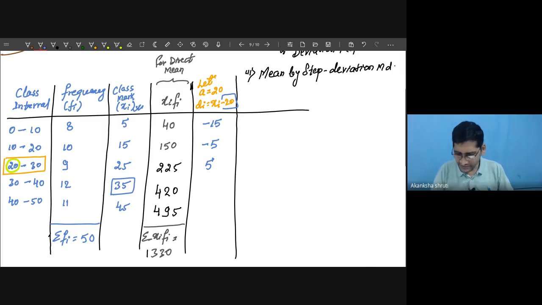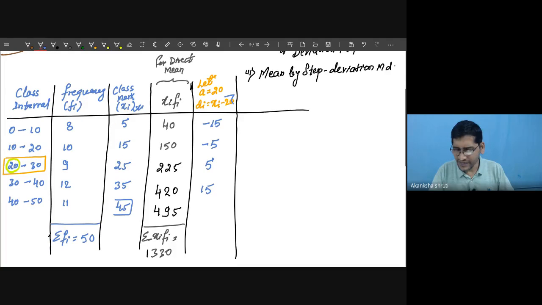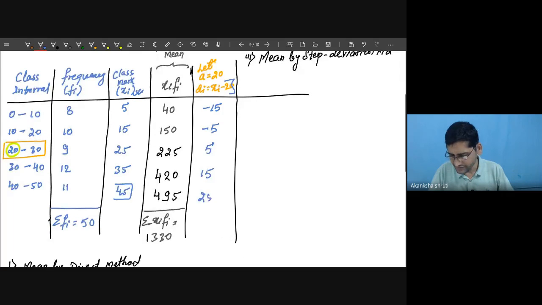So 35 minus 20 is 15. For the next one, we take xi 45 and subtract the same 20. 45 minus 20 is 25.